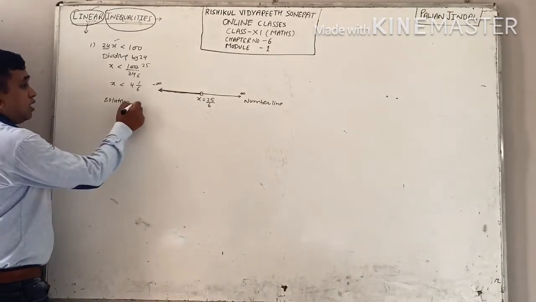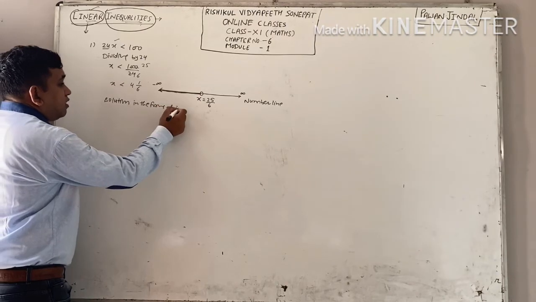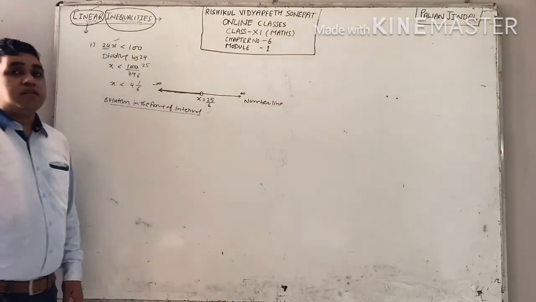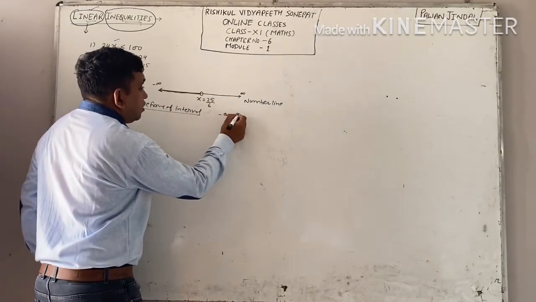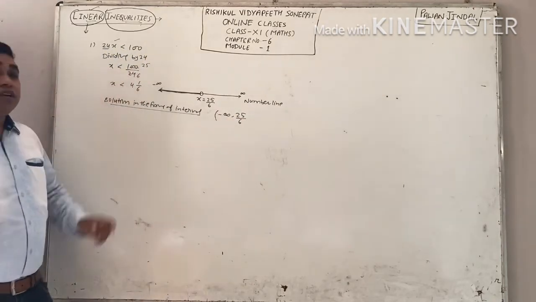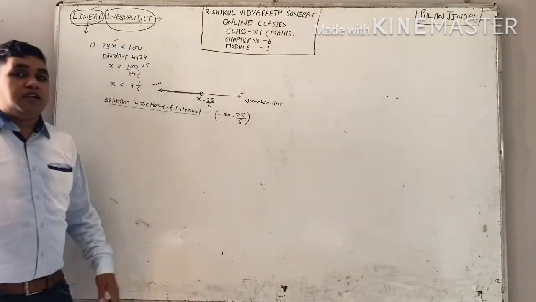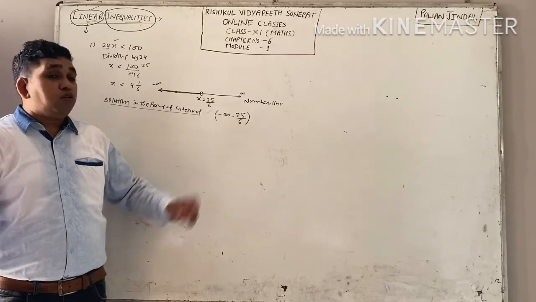Now solution in the form of interval. How will it be? You can see here minus infinity to 25 by 6. Now 25 by 6 is not included, that's why you will write here open interval. In open interval endpoint is not counted. That's why I am putting here open interval.